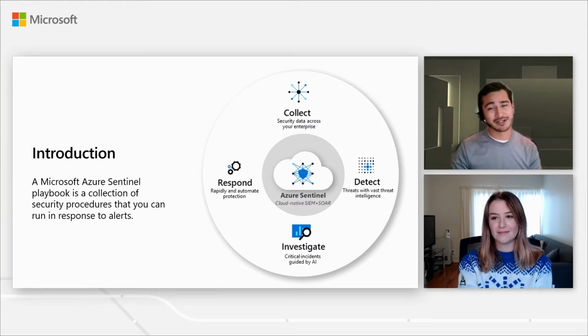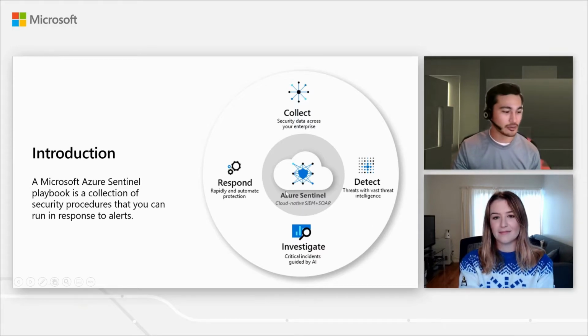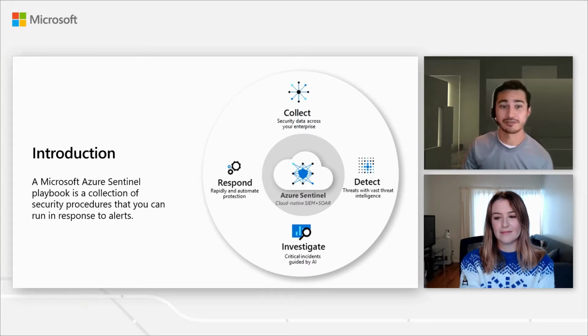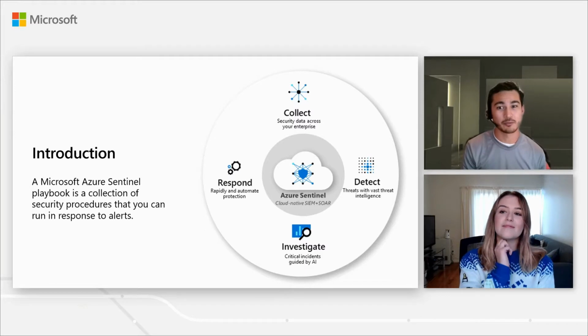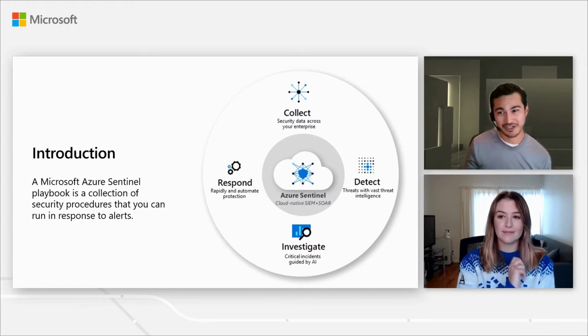But if you just want to get ahead of the game or you're ready to really talk about how do we respond to threats, that's what we're going to discuss here. And so Sentinel is used to collect in data from a number of different data sources and detect what kind of suspicious activity is occurring. Within this Learn module, Sarah and I are going to be talking about what happens when we are aware of a threat or suspicious activity and we want to do something about it. Specifically, how do we automate these actions?